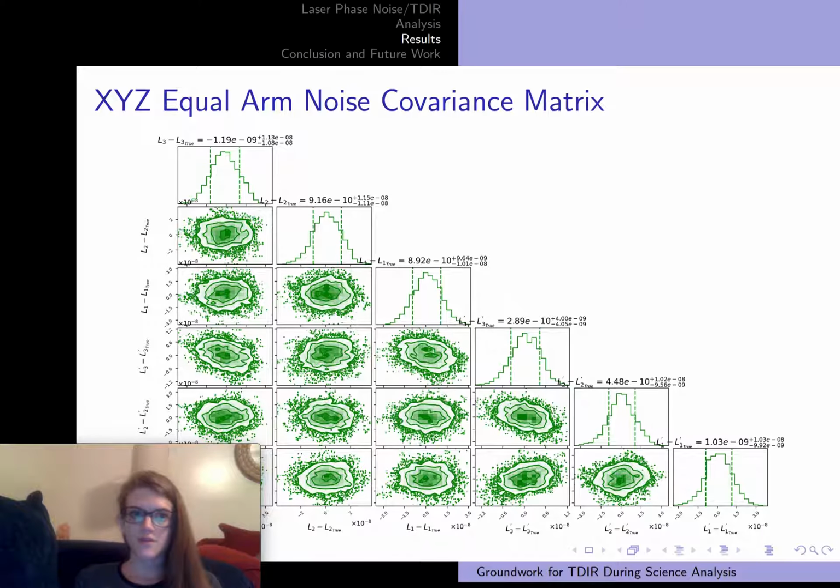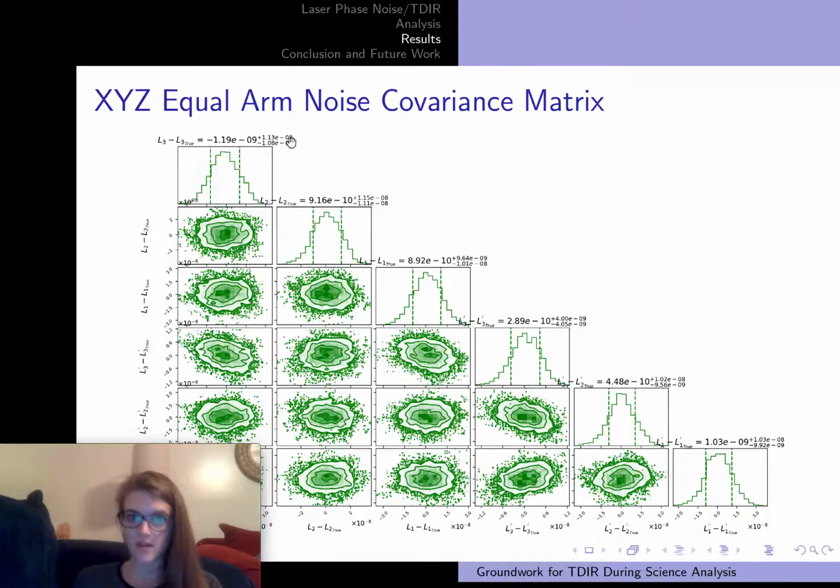So here are the results for the equal arm XYZ. The x-axis is the posterior distribution, the samples measured minus the actual measurement that went into the simulation. So I mentioned earlier that we need accuracy down to 100 nanoseconds.